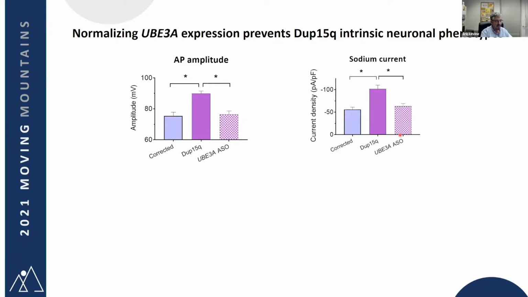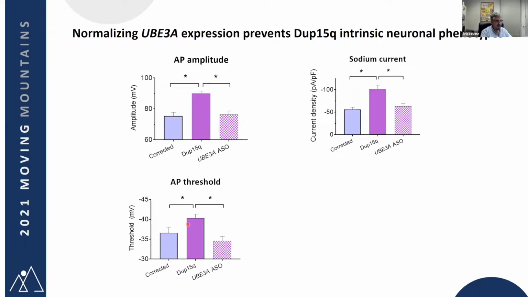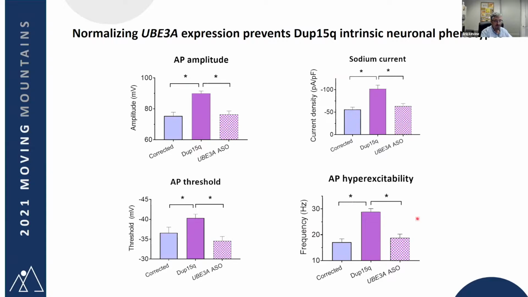And we see the same thing for the sodium current. We see the same thing for the threshold. And you see the same thing for this AP hyperexcitability. So in all of these cases, that cellular phenotype was prevented if we blocked the UBE3A overexpression. So this tells us that UBE3A overexpression was necessary in order to produce these phenotypes. There may be other genes involved as well, but if there's no UBE3A overexpression, then you don't see these phenotypes, so it is necessary.